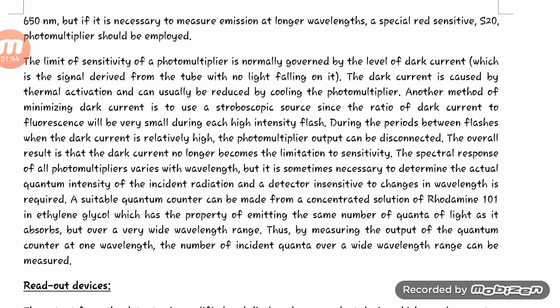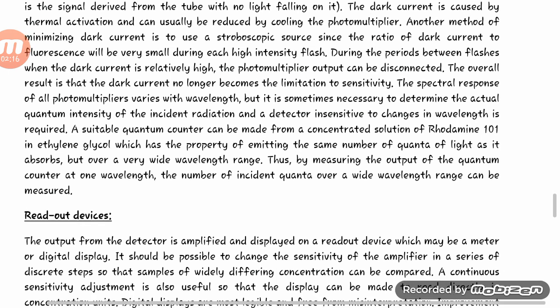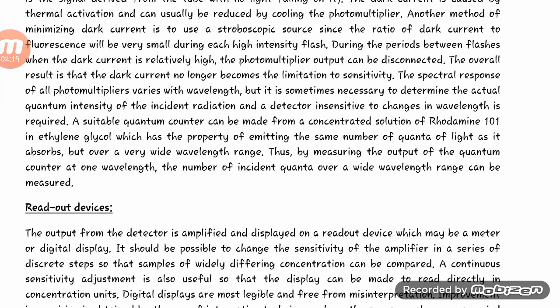Another method of minimizing dark current is to use a stroboscopic source, since the ratio of dark current to fluorescence will be very small during each high intensity flash. During the period between flashes, when the dark current is relatively high, the photomultiplier output can be disconnected. The overall result is that the dark current no longer becomes the limitation to sensitivity.